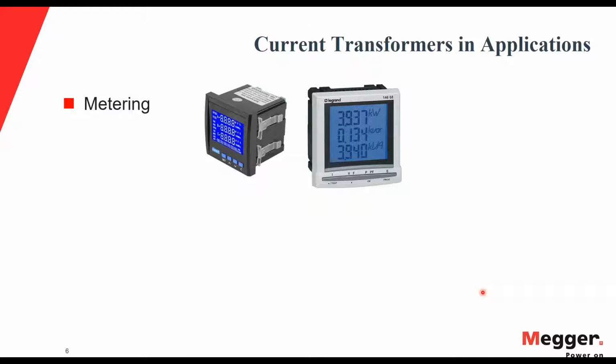And for metering CTs, usually the application is when you are working within the nominal range of the CT. For example, if you have a 1000 to 1 CT, you will be working within the range from 0 to 1000 ampere on the primary side.